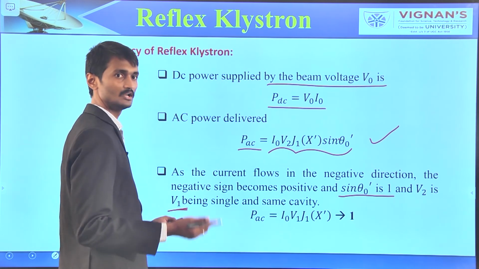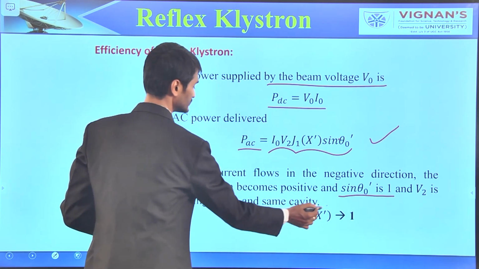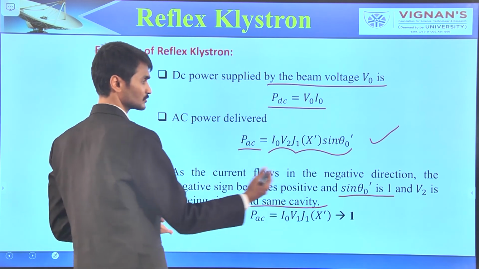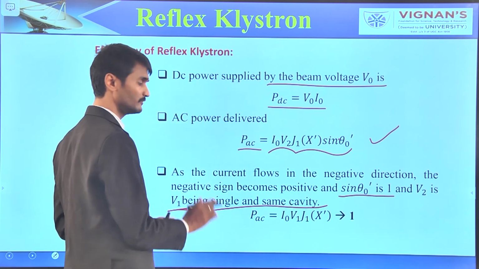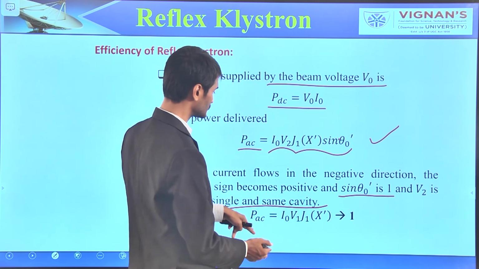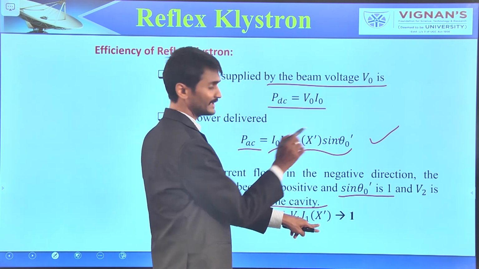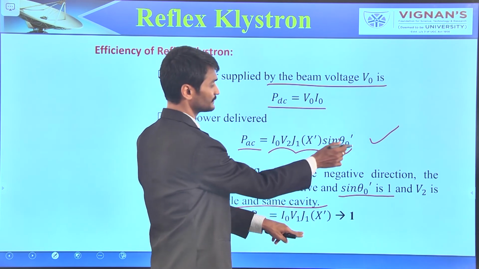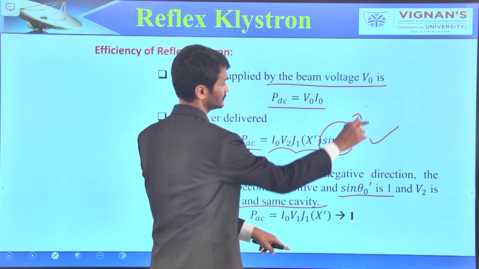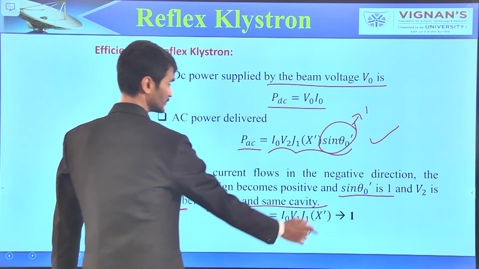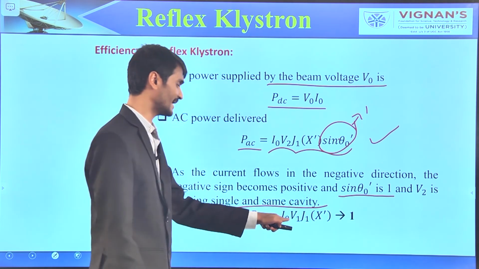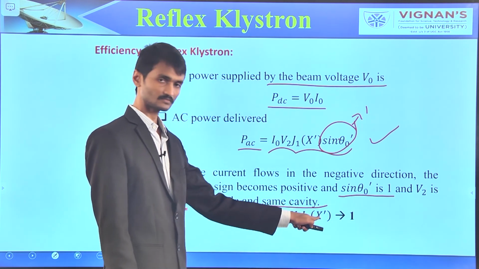Because here we have only one cavity, the same cavity, so there is no V2, only V1. So PAC becomes I naught V1 J1 of x prime, since sin theta naught prime is 1. This is equation 1: PAC equals I naught V1 J1 of x prime.